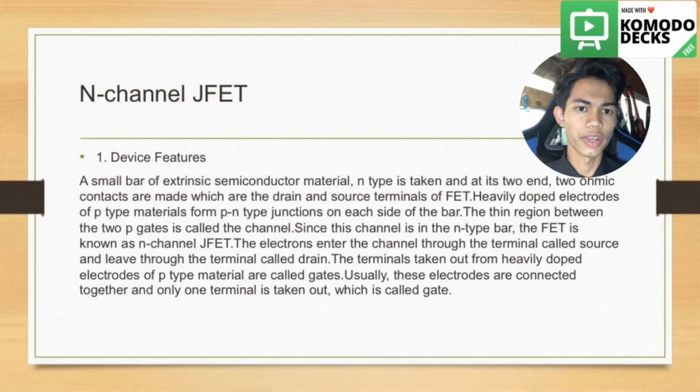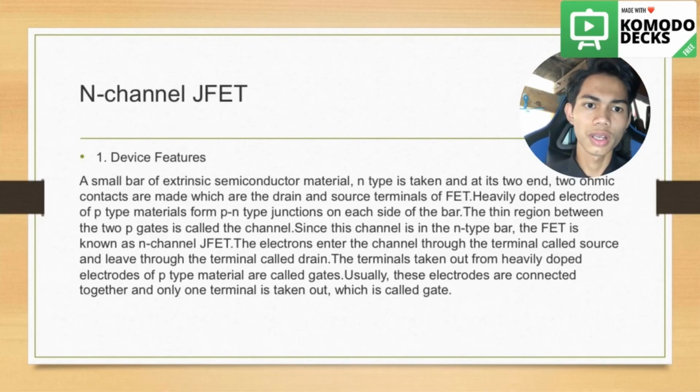N-channel JFET device features. A small bar of extrinsic semiconductor material, N-type, is taken and two ohmic contacts are made, which are the drain and source terminals of the FET. Heavily doped electrodes of P-type material form PN junctions on each side of the bar. The thin region between the two P gates is called the channel.